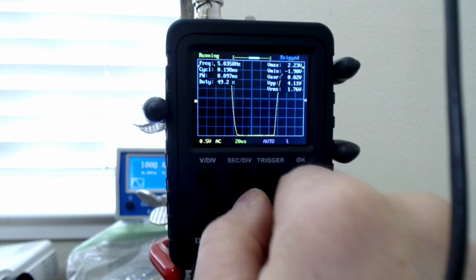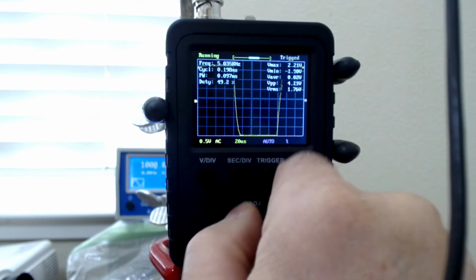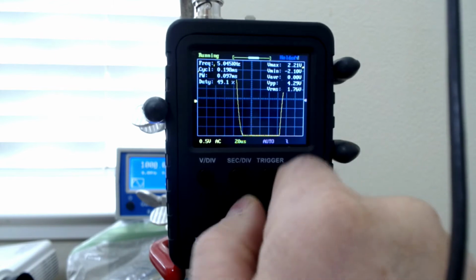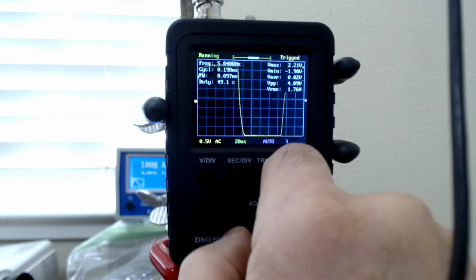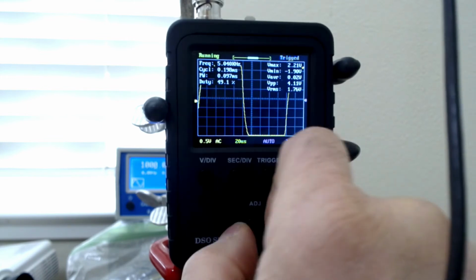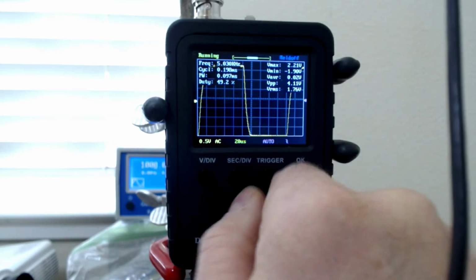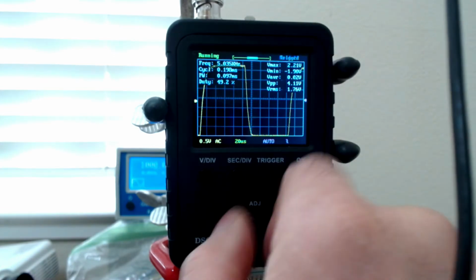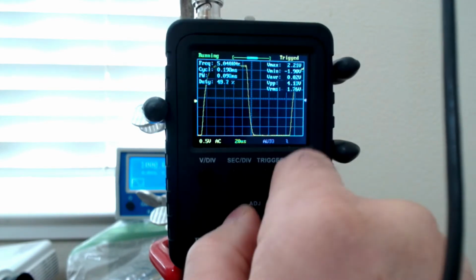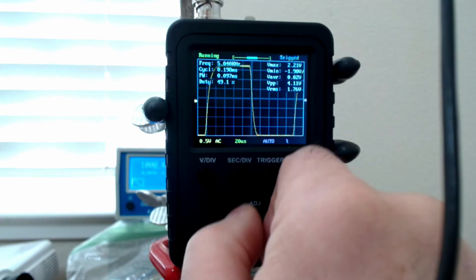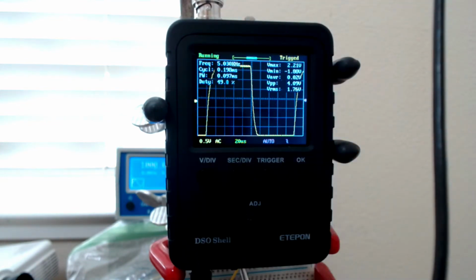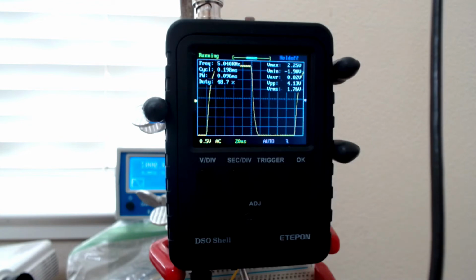This is so slow, but that's what you get for $20. Notice it's shifting over slowly. And I'm going to adjust the voltage until this takes essentially the whole screen.